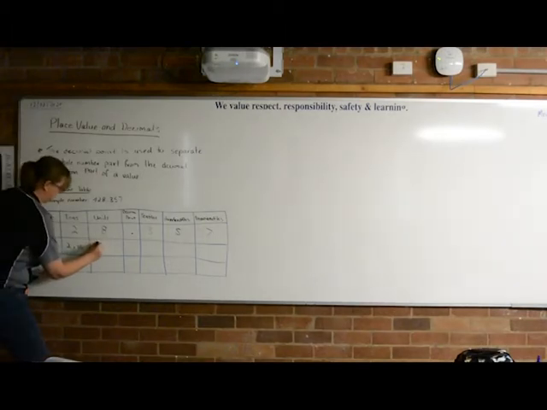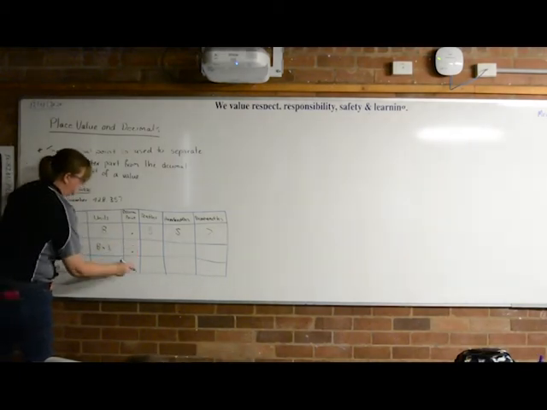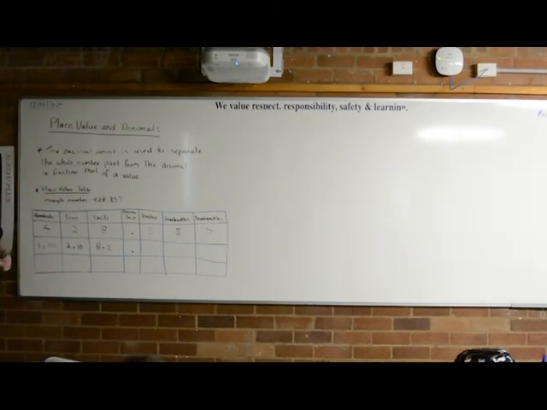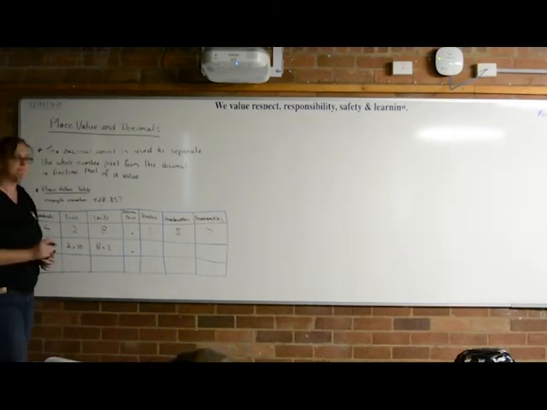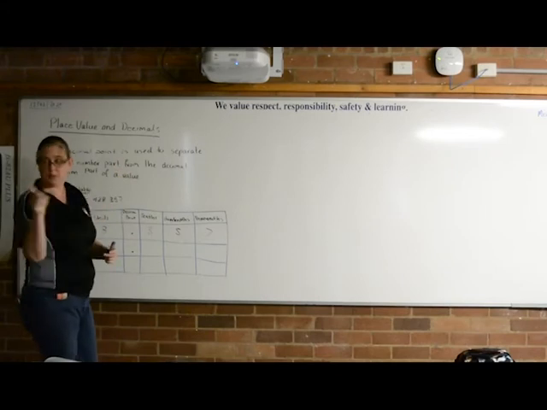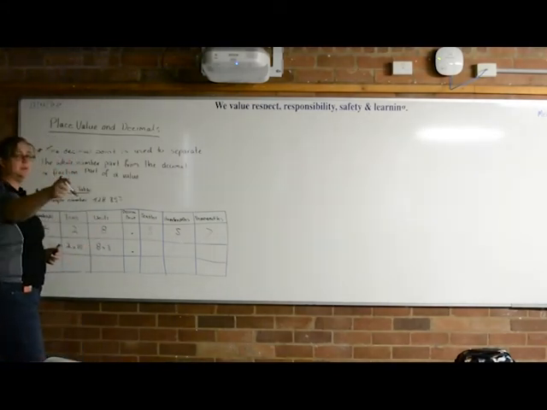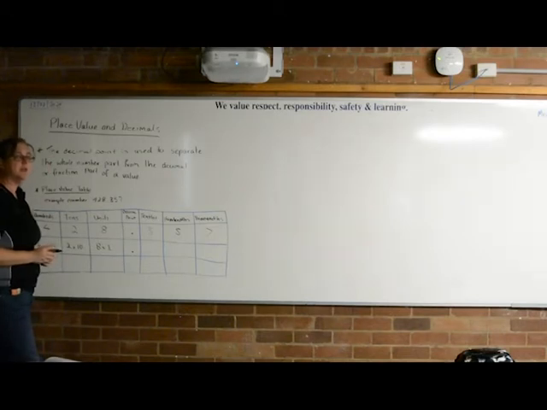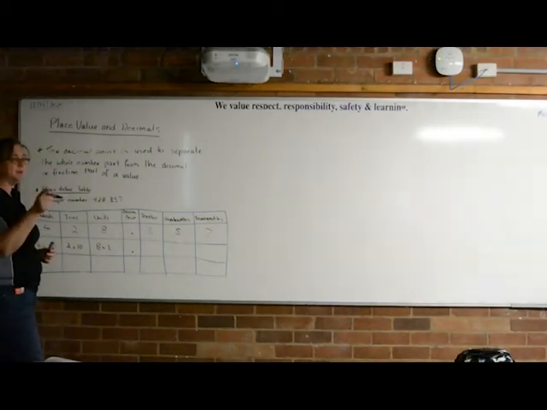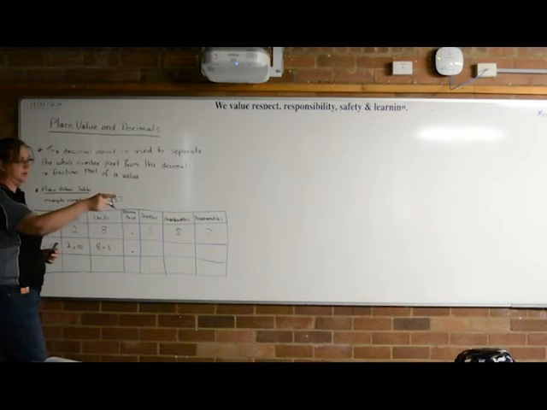The next one is a decimal place, and it's going to be a little bit trickier. What do you think the 3 is going to be? 3 divided by 10. Kind of. 3 divided by 1? No, it's closer to the 10 one.